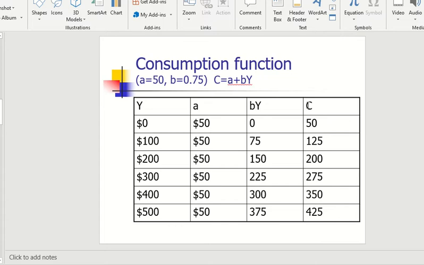So the total consumption is A plus B times Y, 50 plus 150. So that will give us $200. All right. So if you haven't finished the calculation, I hope you can take some time to complete the calculation for all of them.